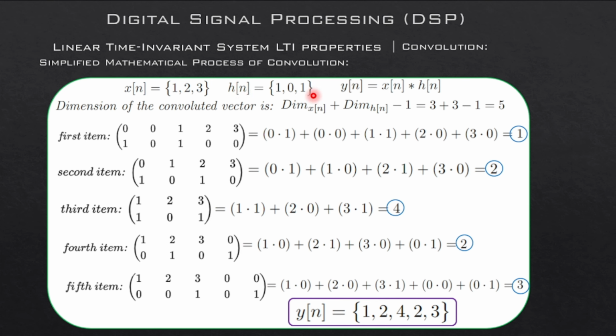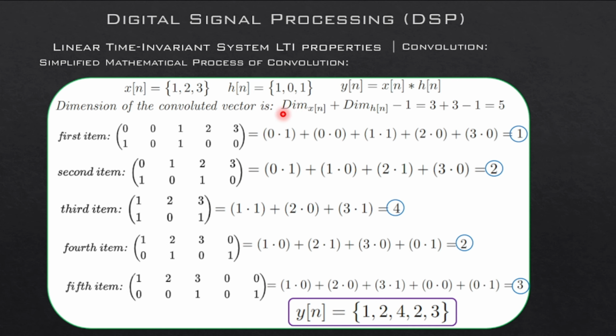At first, what would be the dimensions of the resulting vector, the result of the convolution product of x[n] convolved with h[n]? We can calculate it this way.